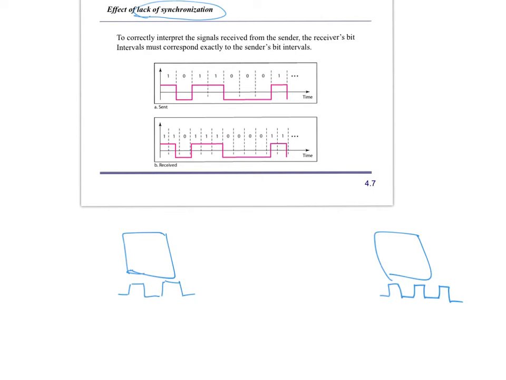Even if I have the same frequency and the same values to generate these clocks, due to hardware impairments, these clocks suffer from a very physical phenomenon, which is clock drift. Physically, these clocks cannot be 100% identical.